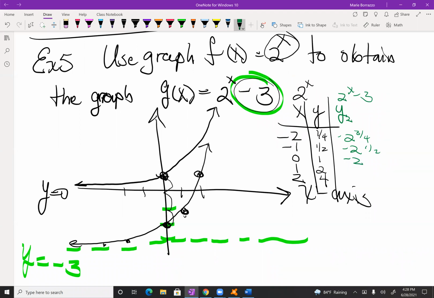The 4, remember this is 2, so this actually becomes 0. And no, this does not become 0. I'm dropping 3 units, so 3. So this is 1, and this becomes 2, 1. So this is a -1. Those are the new y values that I have described here.